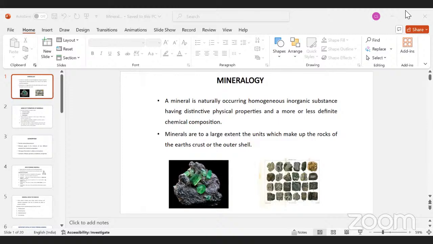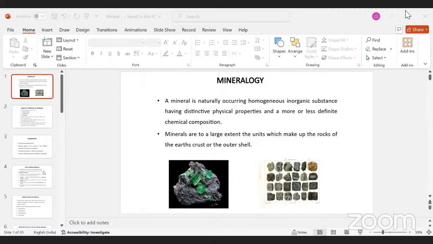Sometimes we see minerals in a group of minerals. These different formations of minerals, or groups of minerals, lead to the formation of a rock.